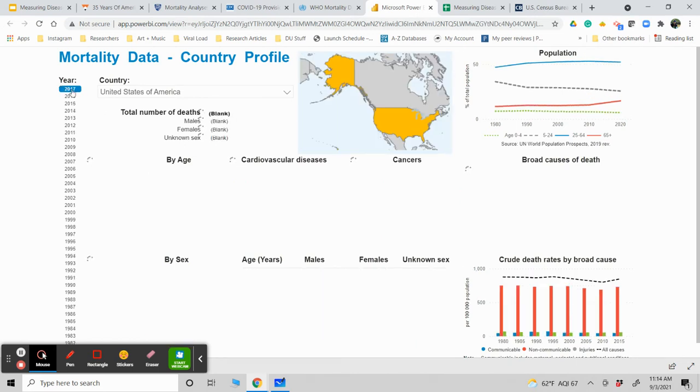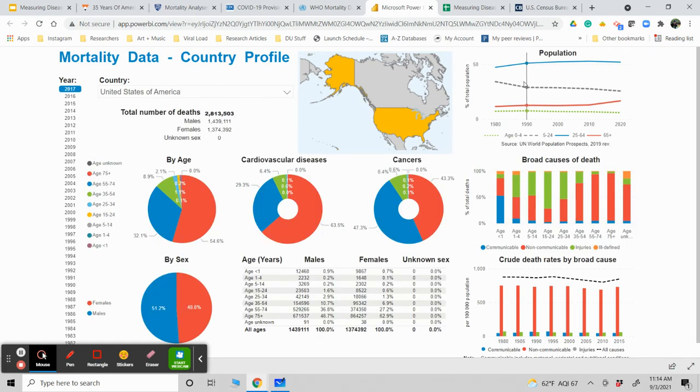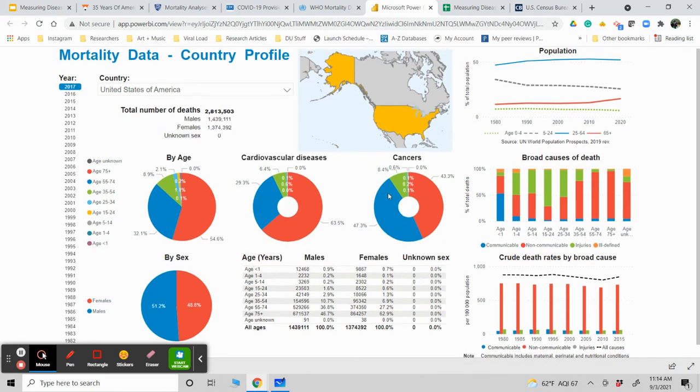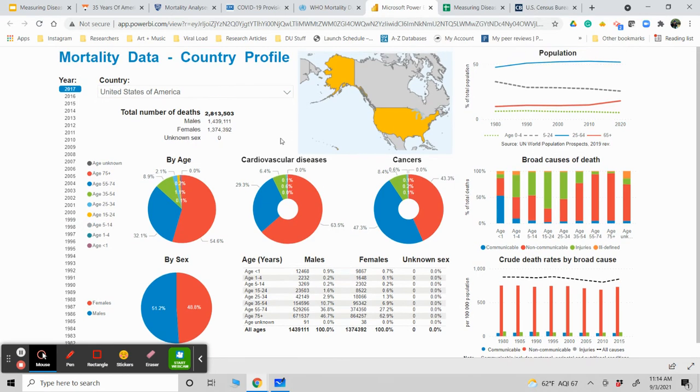So this is data for 2017. And we can see differences in death by gender over years due to different causes. We have death rates, kind of a single overall picture.